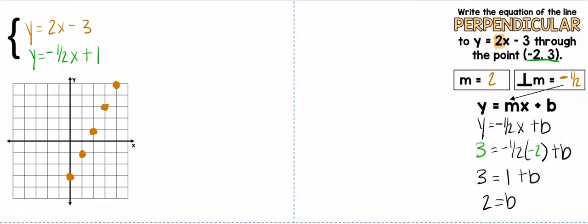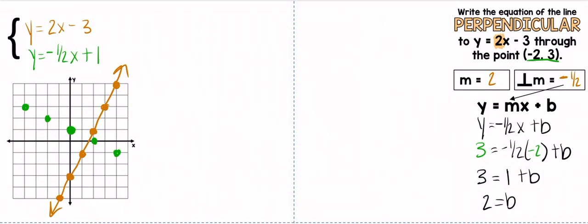Now, you need to graph more than 2 points and not just draw it all crazy. You need to make sure your line is as straight as possible, so you need to cover the whole graph with your points. Okay, and then y equals negative 1/2 x plus 1. So there is my y-intercept, and then I'm going down 1 to the right 2, or up 1 and to the left 2.